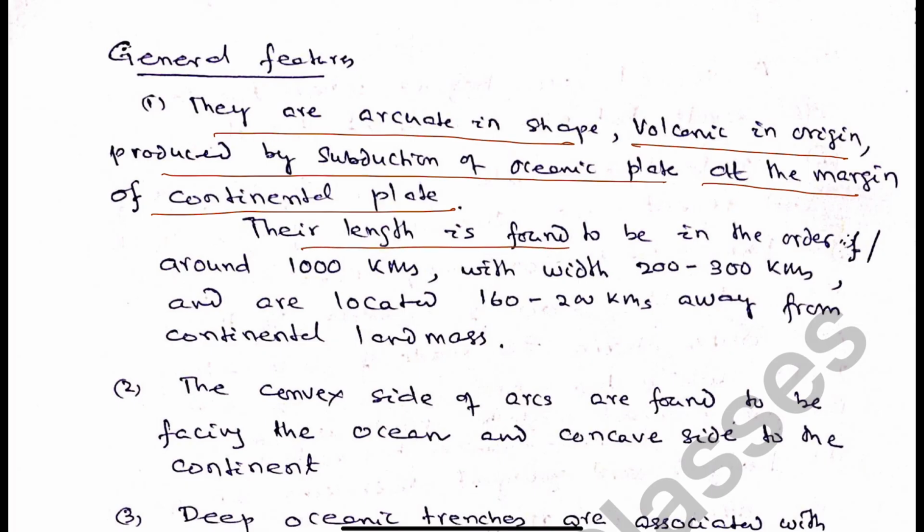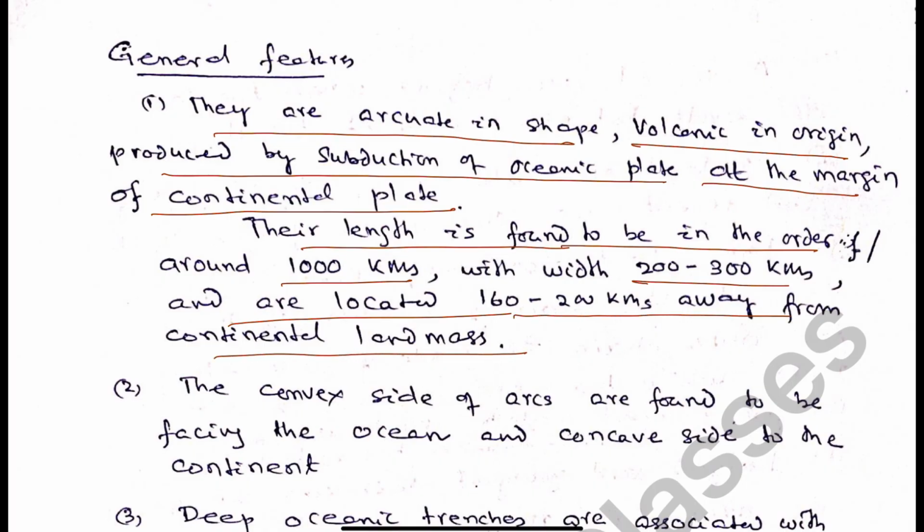The length of the island arcs is found to be of the order of 1000 kilometers or so, with a width of 200 to 300 kilometers, and they are mostly located at a distance of 160 to 200 kilometers away from the continental margin of the continents.